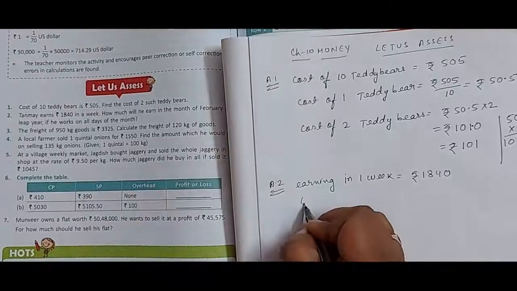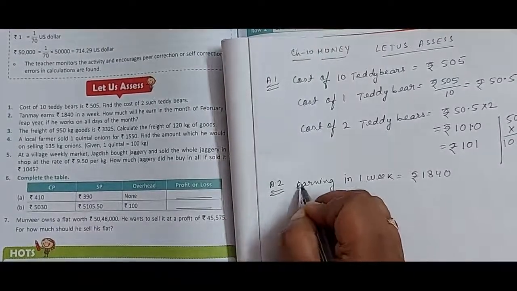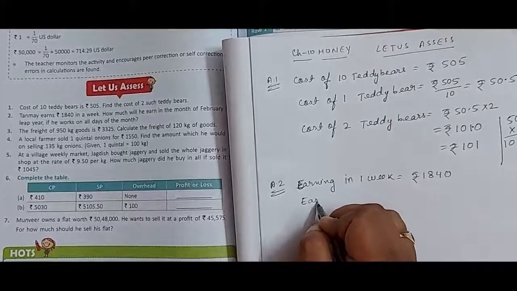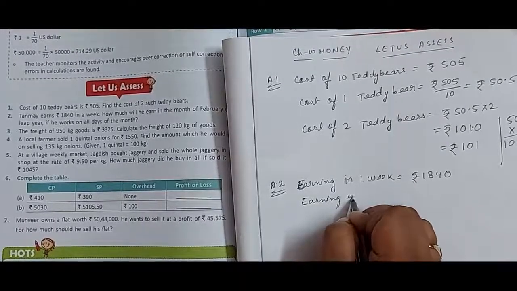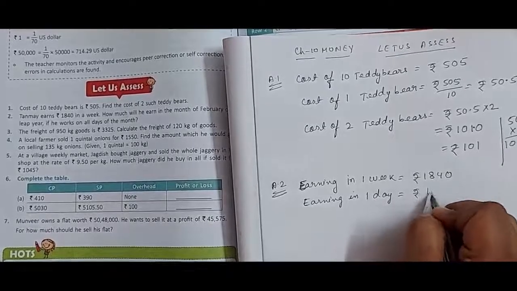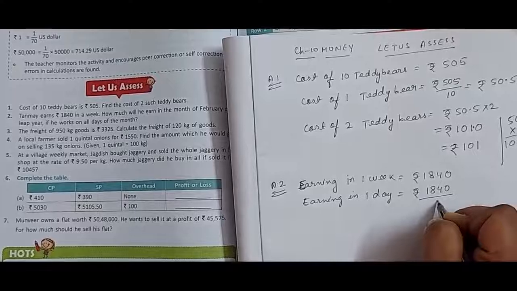So earning in 1 day equal to rupees 1840 by 7.